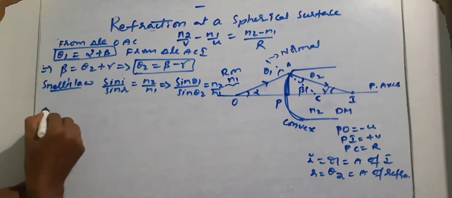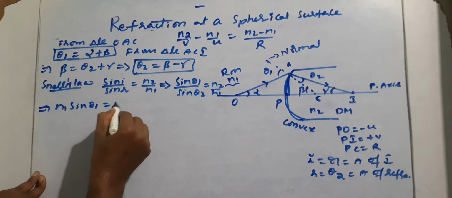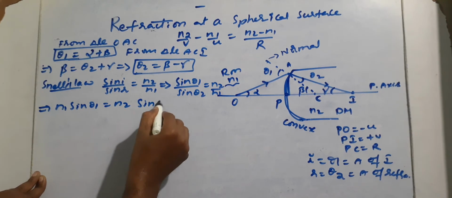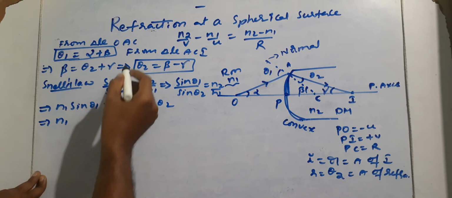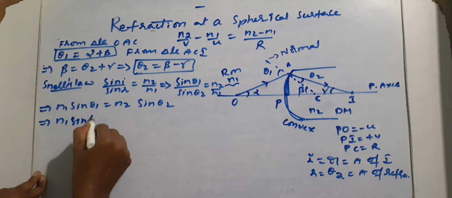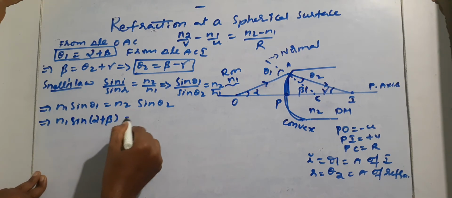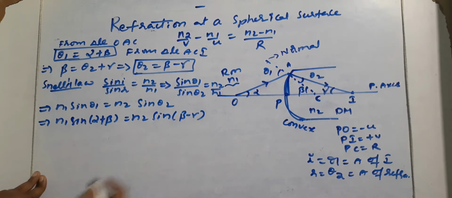By cross multiplication, n1 sin theta 1 is equal to n2 sin theta 2. We already derived theta 1 and theta 2, so n1 sin of alpha plus beta is equal to n2 sin of beta minus gamma.